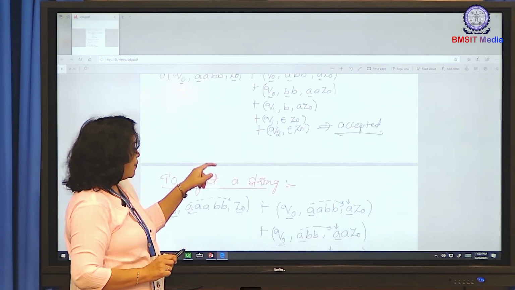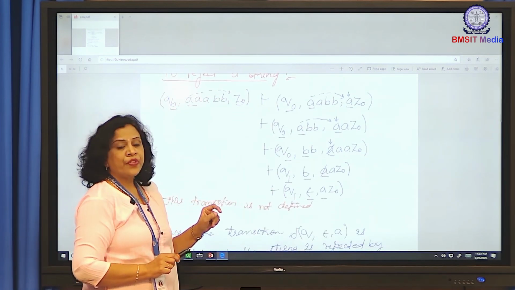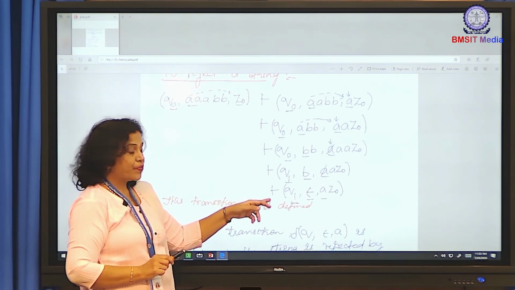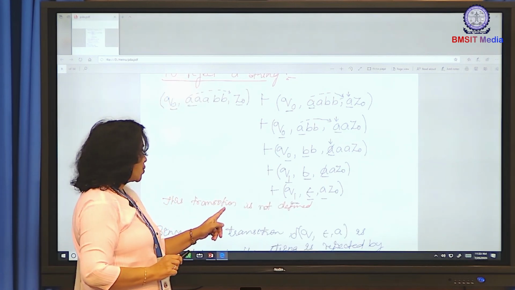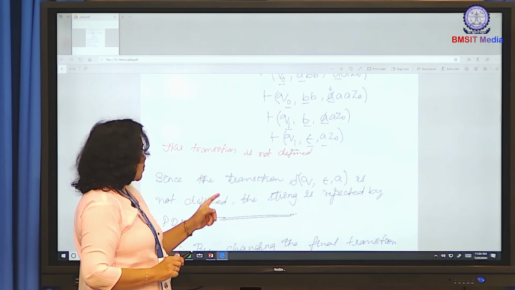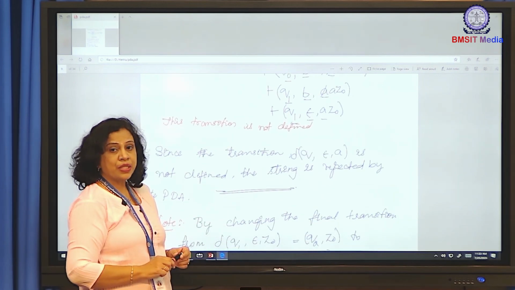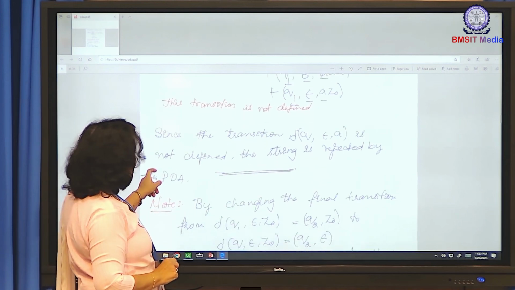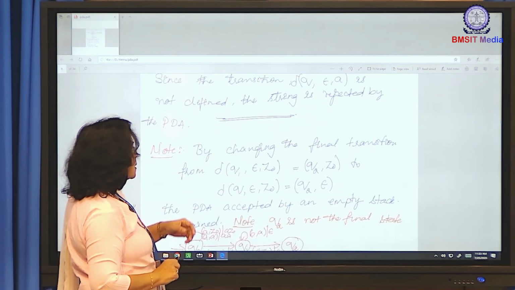So the PDA will not know what to do when it comes across this transition. The PDA will halt. Since the transition is not defined, the string is rejected. Okay, so this is one input.